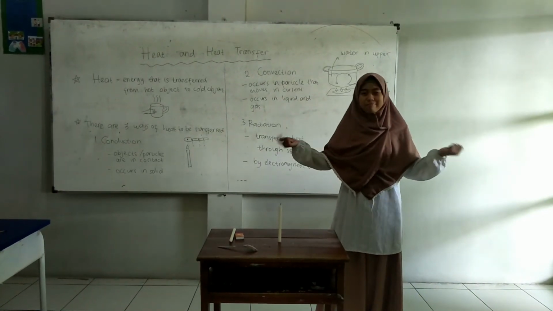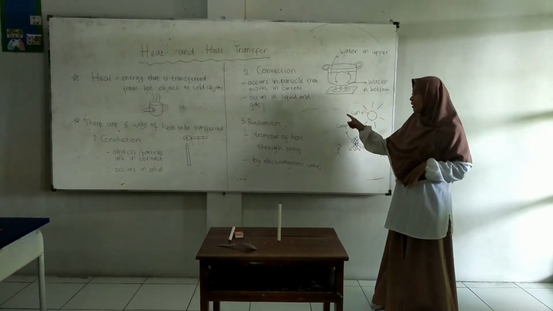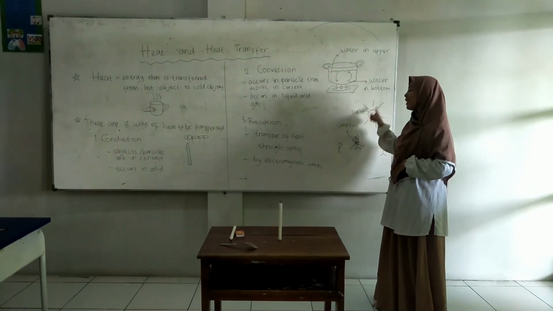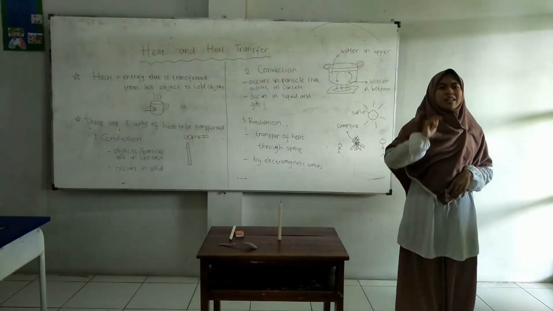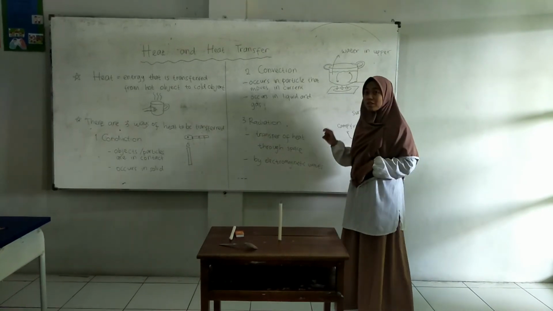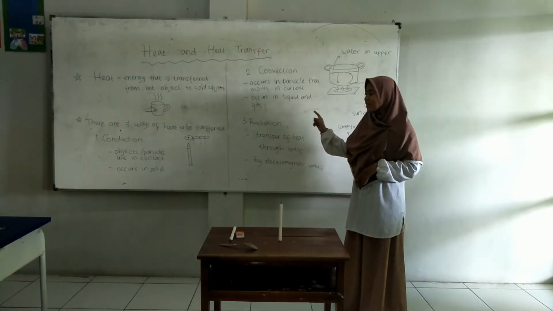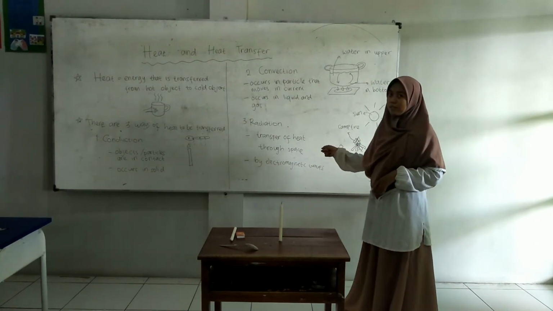Why did it happen? Because the heat of the sun transfers from the sun to your body, and that is an example of radiation. So we can say that radiation is the transfer of heat through space by electromagnetic waves.